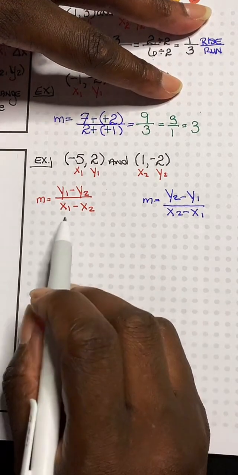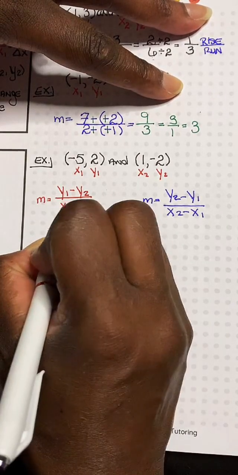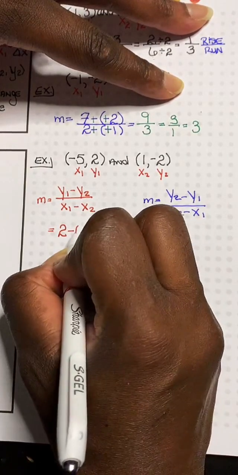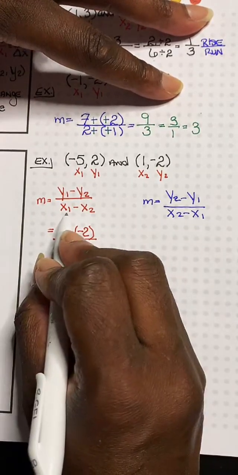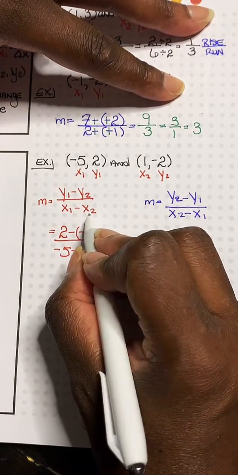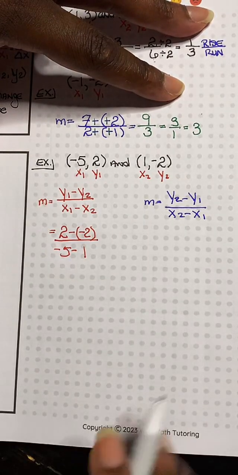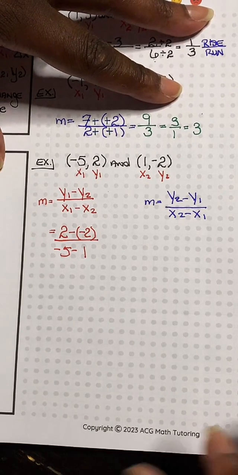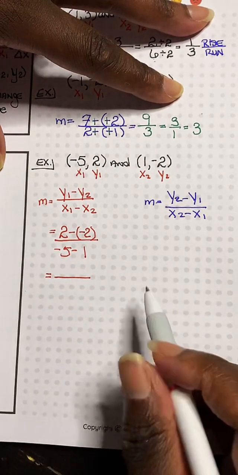All right, so let's take a look. So my y sub 1 is a 2. So 2 minus my y sub 2, which is a negative 2, over my x sub 1, which is a negative 5, minus my x sub 2, which is 1. Okay. So now let's work what's going on in the numerator and the denominator.